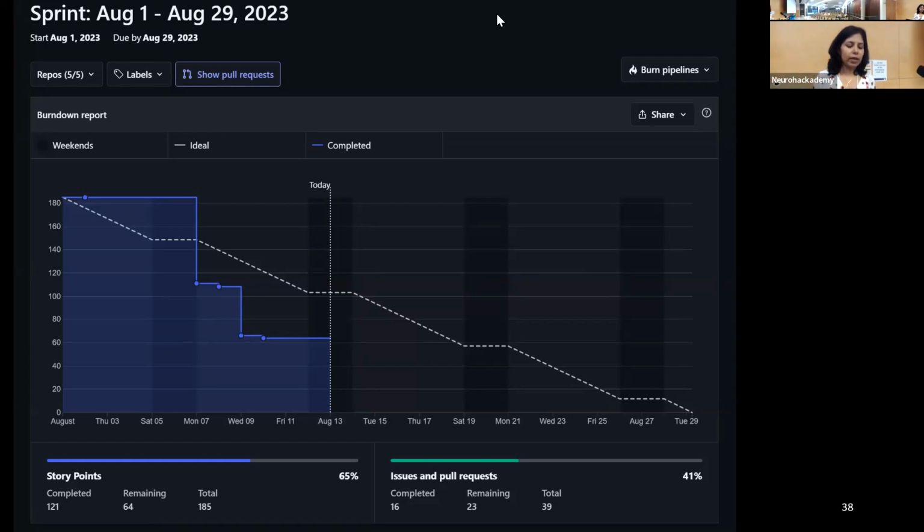But you can see there are 121 completed story points, 64 remaining, and then the issues and pull requests. The white dashed line is the ideal burn down. The blue line is so much a step function because we don't have estimates against all of our tasks, and that's something we'll fix as we go.